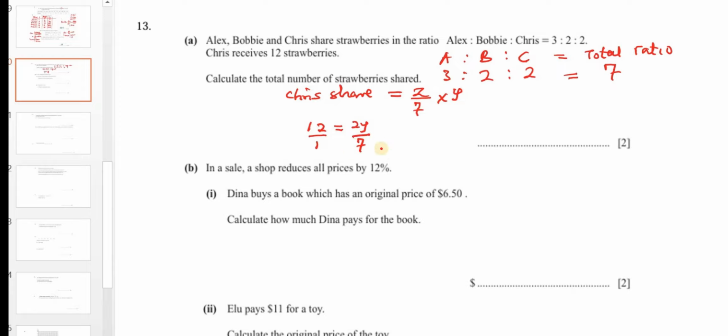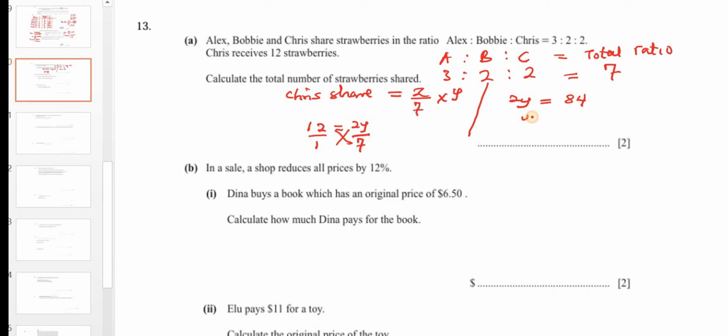By cross multiplication, 2Y times 1 is equal to 12 times 7, and 12 times 7 gives me 84.